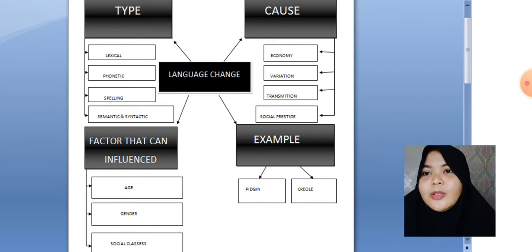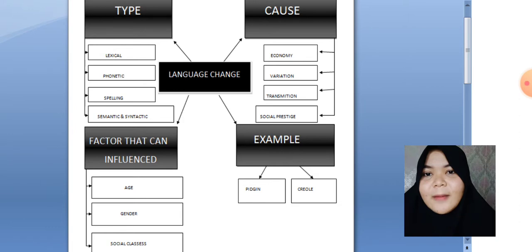Let's start with the explanation of language change. So, what is language change? Well, a language change is a new forming or a new creation or a new variation of language.